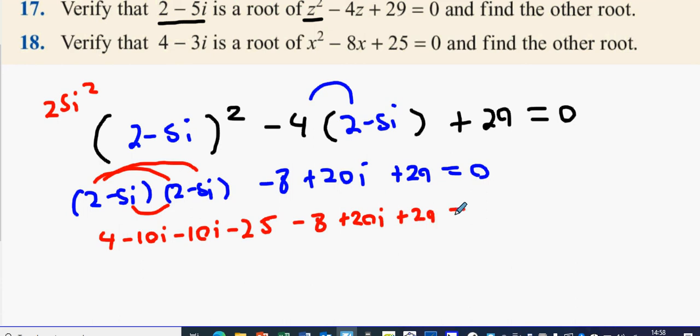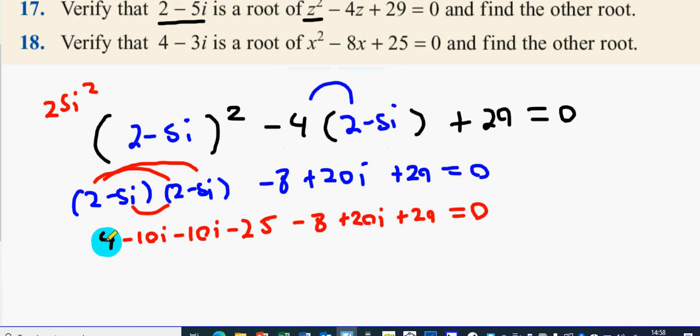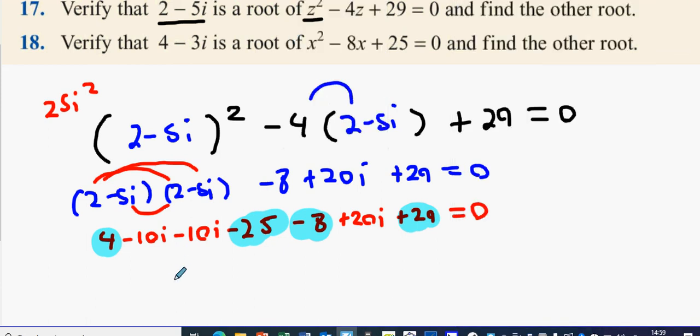Now the thing to realise is that when you enter 4, 25, 8 and 29 into the calculator in a row, I guarantee you it comes to 0. Minus 8 plus 29, and as predicted you get 0.